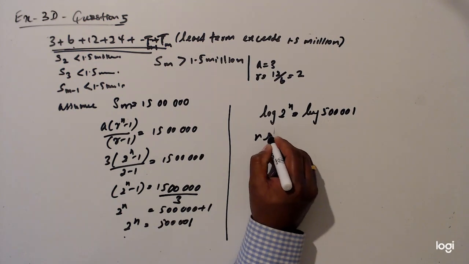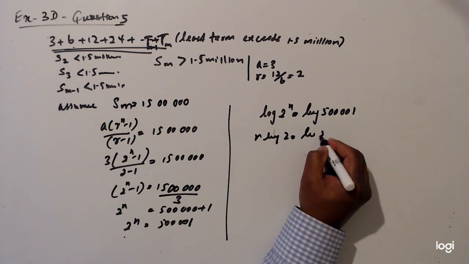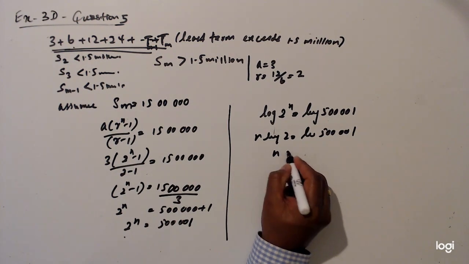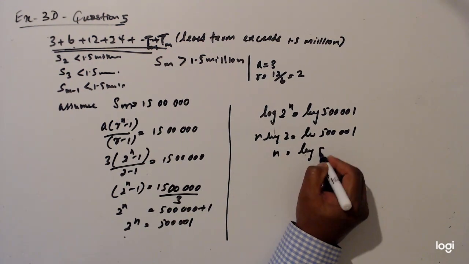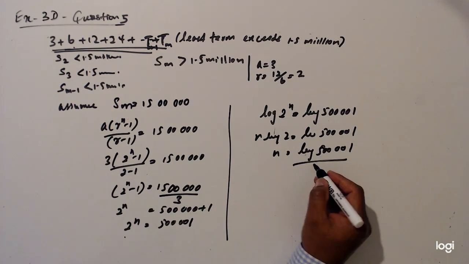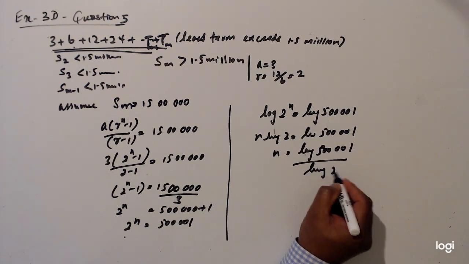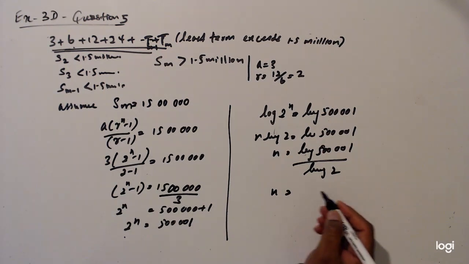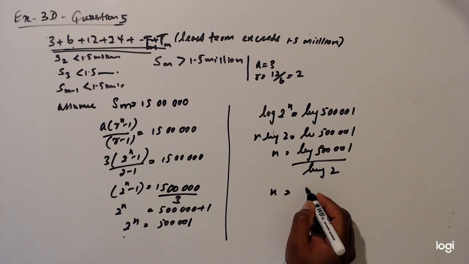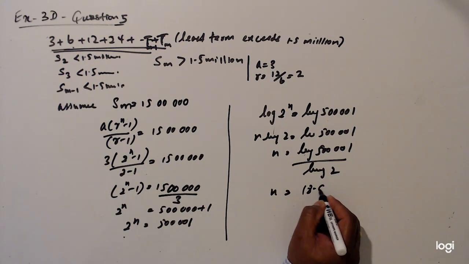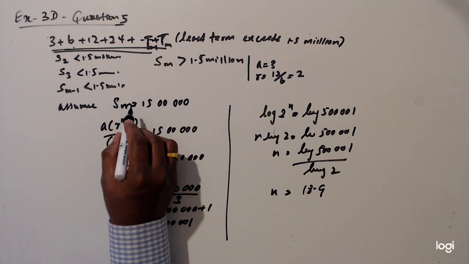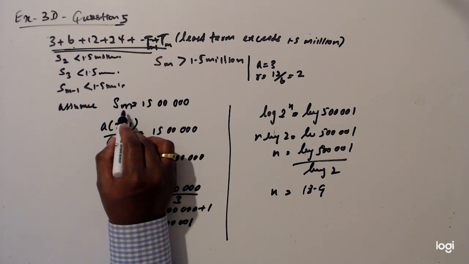So n log 2 equals log of 500,001, and n is log 500,001 over log 2. So n you will get a value approximately 18.9. Sorry, this is m. This is m.